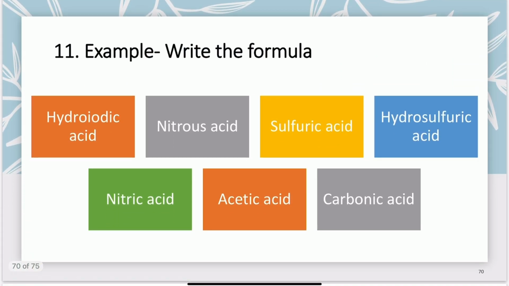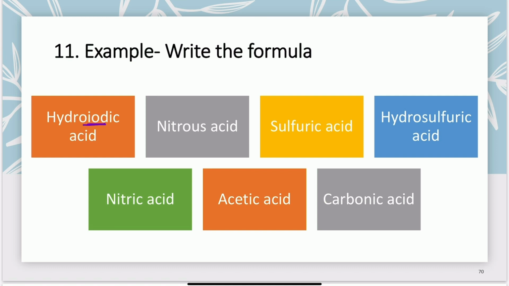Example, write the formula of the following acids. You just need to know acids. Hydroiodic acid. Iodo is telling me iodine.